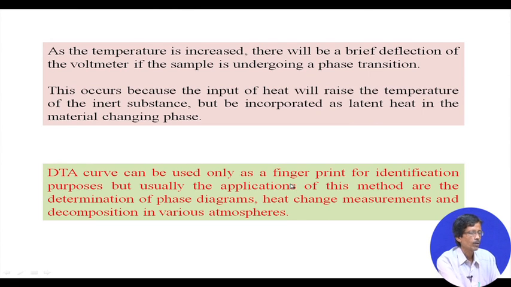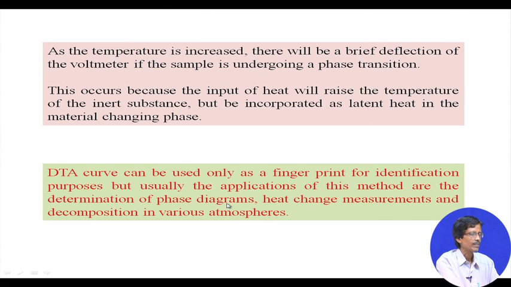For a particular sample you have a DTA curve, and you can compare it with the DTA curve of the pure version of that sample, such as calcium oxalate or magnesium oxalate, which we have seen earlier.